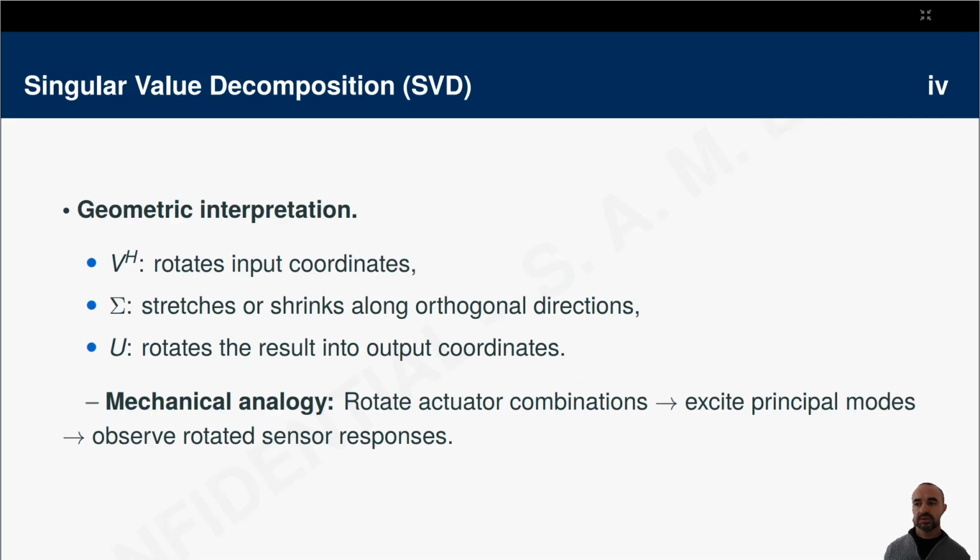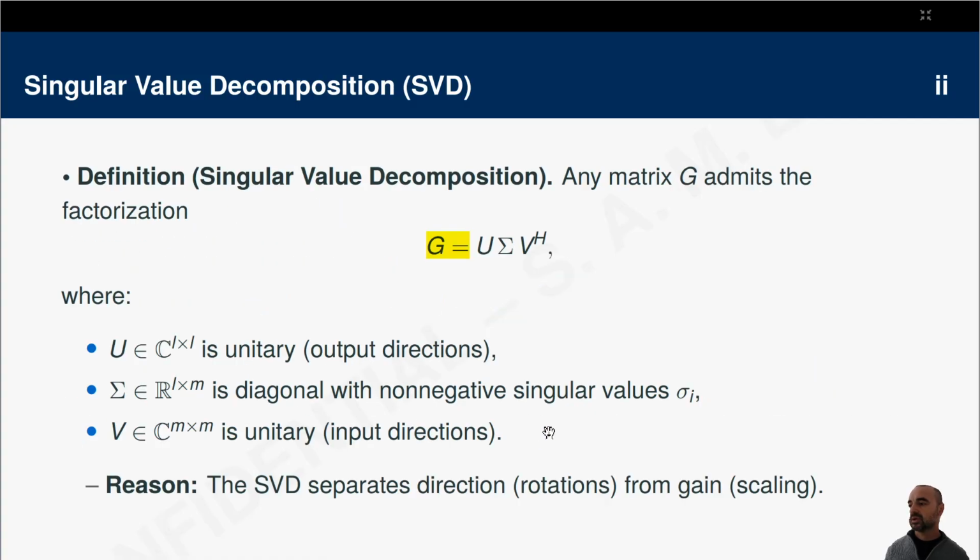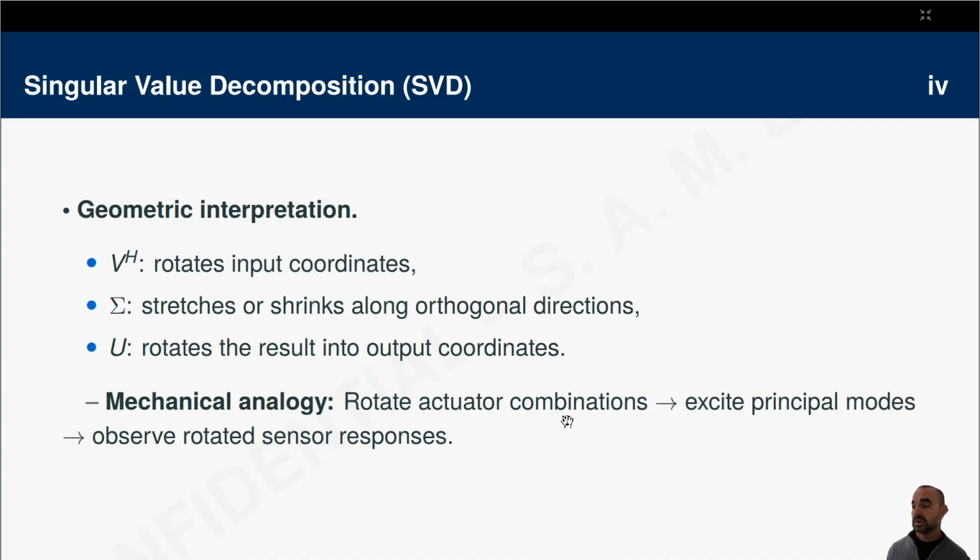Let's go back to here. Geometric interpretation of our equations. A couple of slides back, we saw G equals U sigma V superscript H, where V superscript H rotates input coordinates, sigma stretches or shrinks along orthogonal directions, and U rotates the results into output directions.